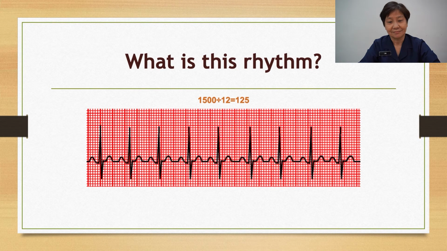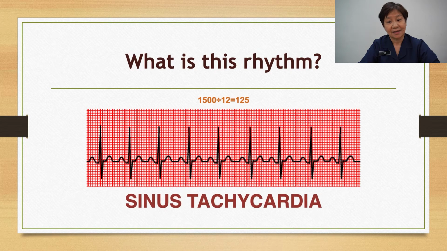Okay. So, rate 1500 divided by 12 small square between the RR is equivalent to 125. 125 beats per minute. So, of course, it's tachycardia. Narrow QRS, upright P wave, normal PR interval. So, this one will show you sinus tachycardia. So, very easy.